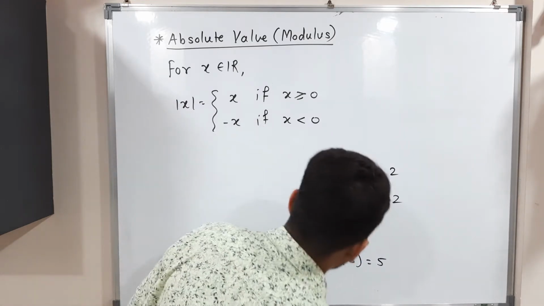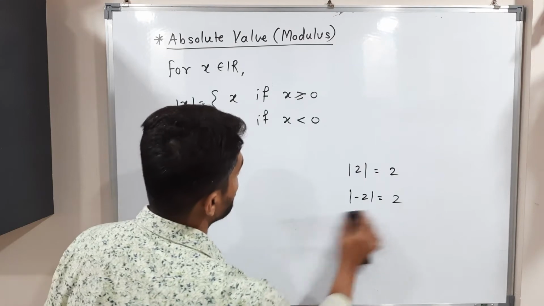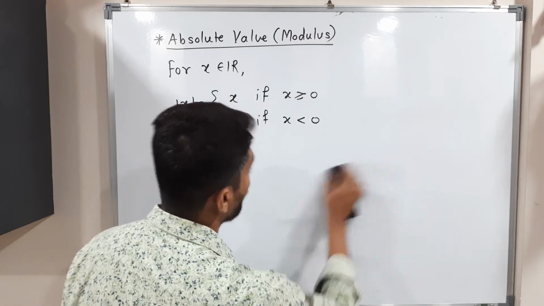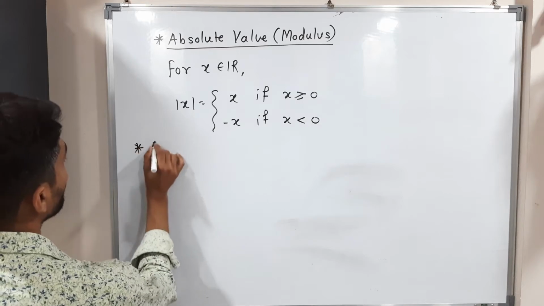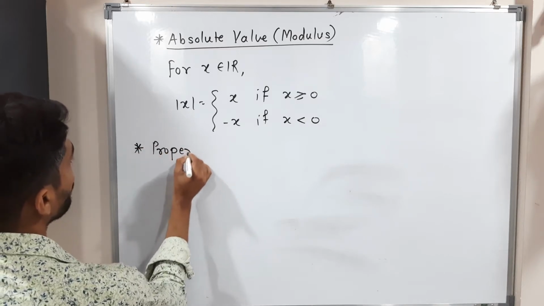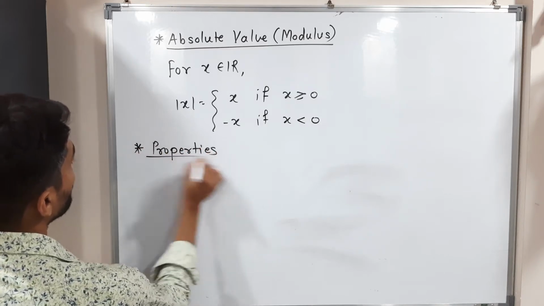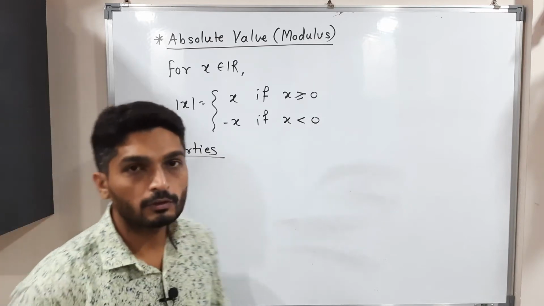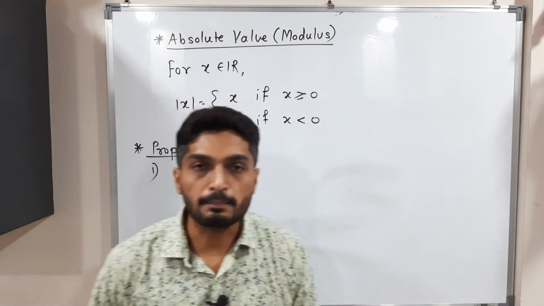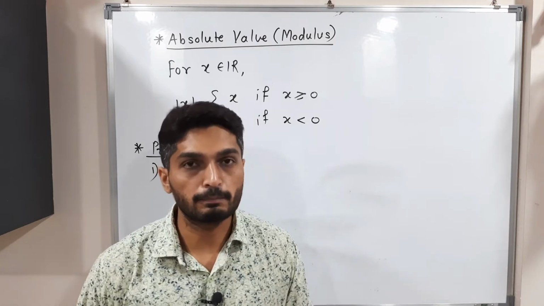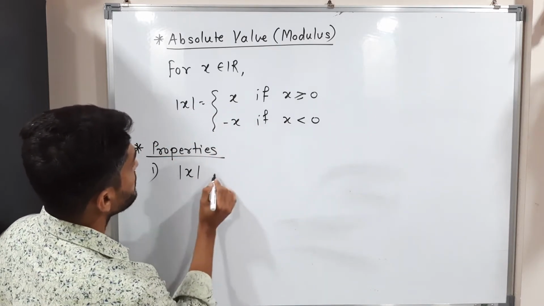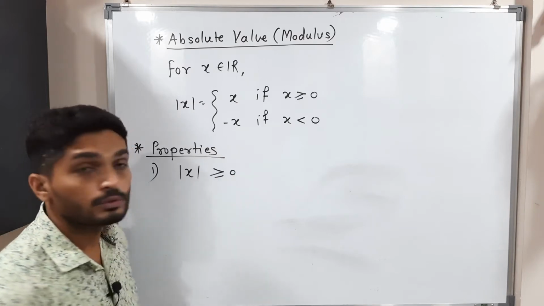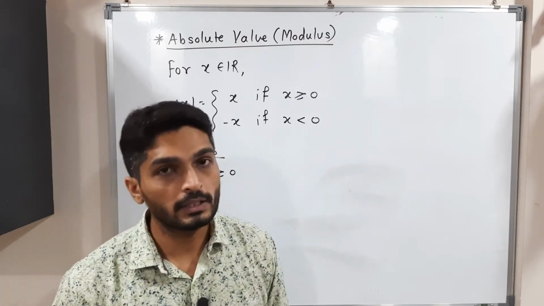After that we are going to see a few interesting properties of modulus. So I will mention here properties. The first property: these are very simple properties, you agree with me. Mod x is greater than or equal to 0, that means mod x cannot be negative.